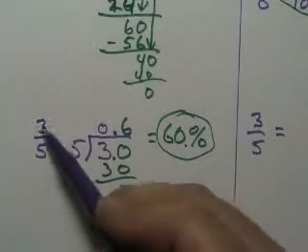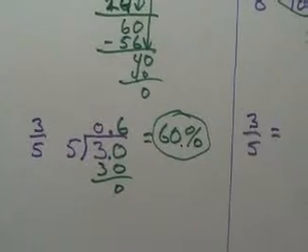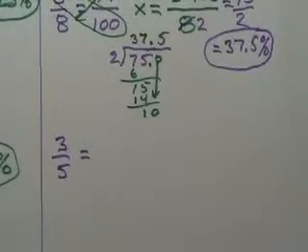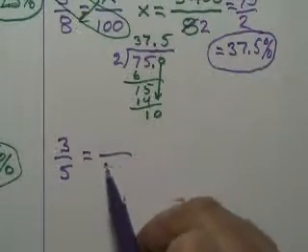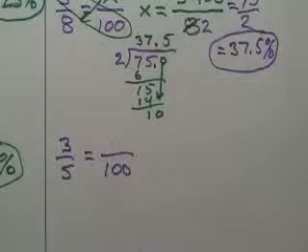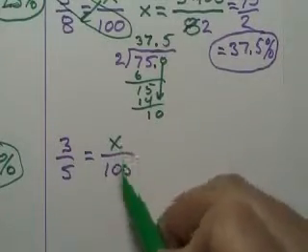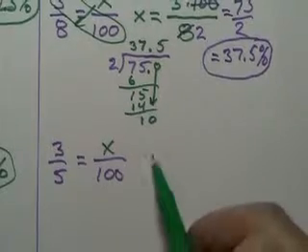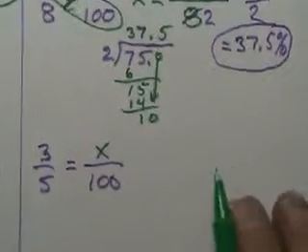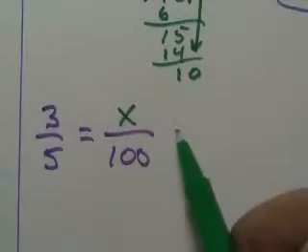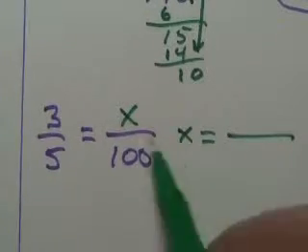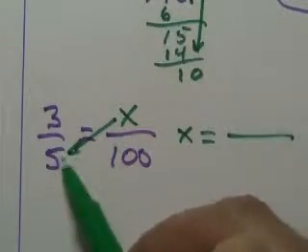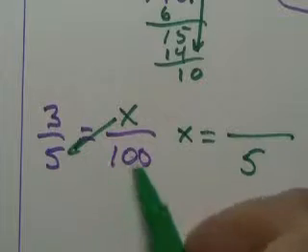Okay, let's do the other one, 3/5. So it equals some number over 100. This would be our percent. So setting this up, the number that goes on the bottom, diagonal from x, is 5. And the other two go on top.